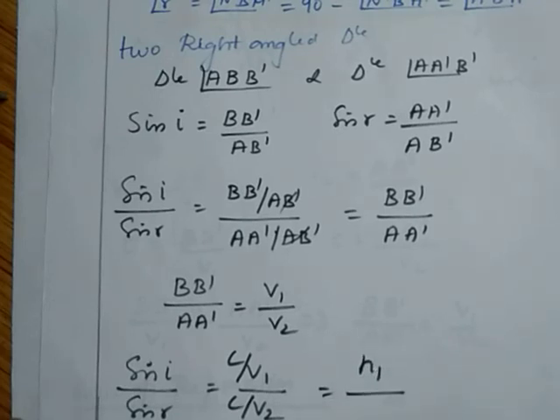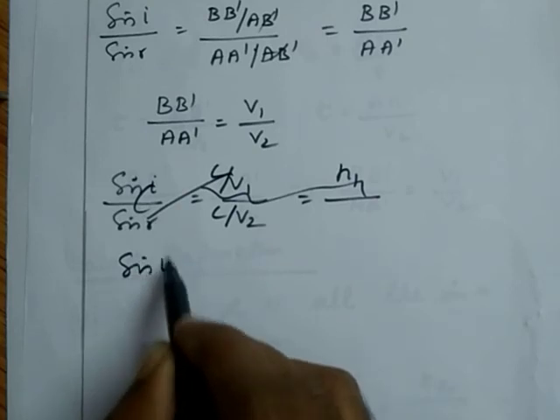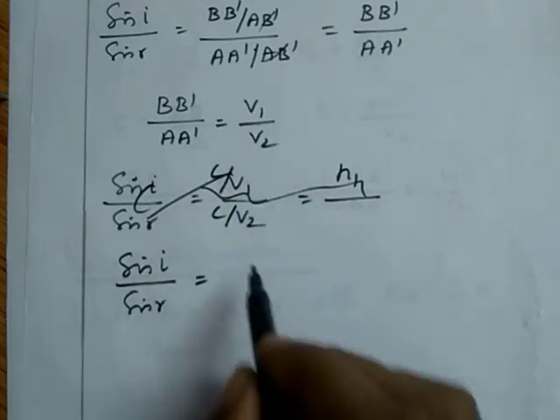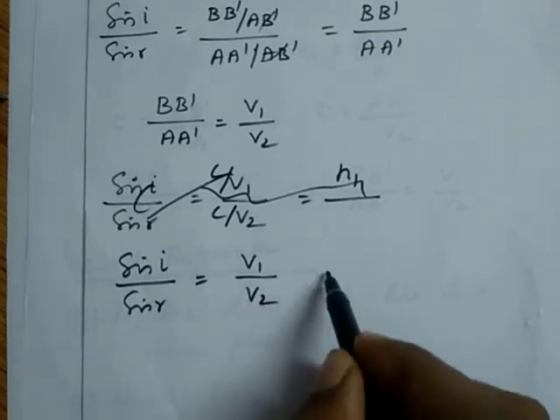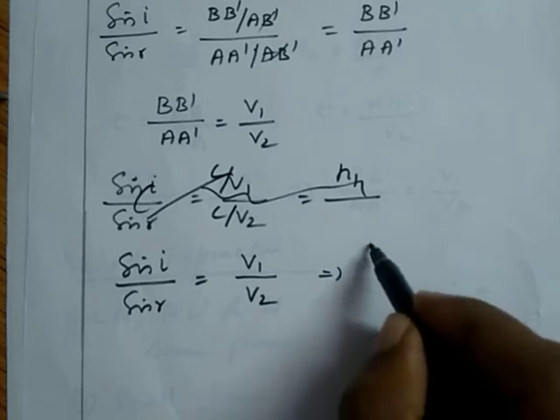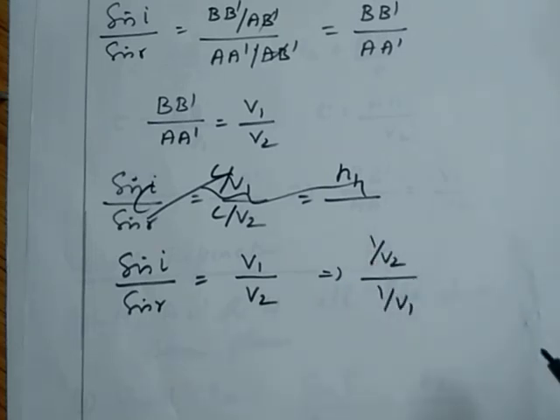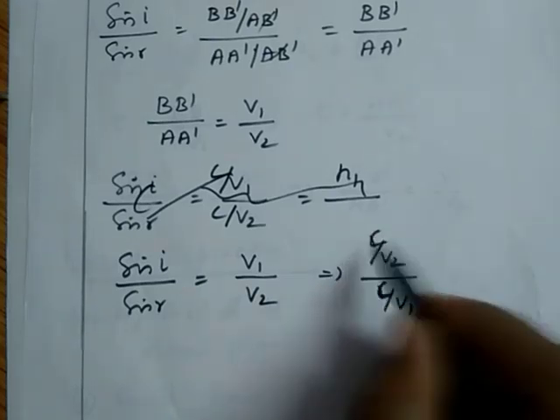Here, see, a little mistake. We know sin i by sin r is equal to v1 by v2. Here we can write this one as 1 by v2 divided by 1 by v1. Here I am multiplying c on both numerator and denominator.